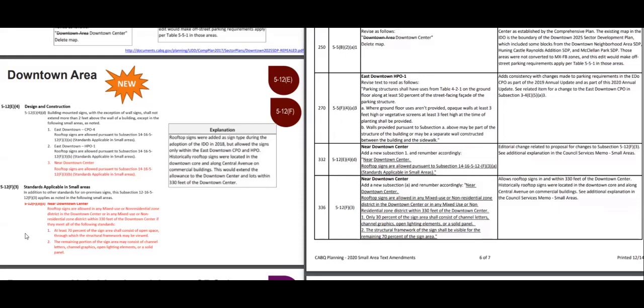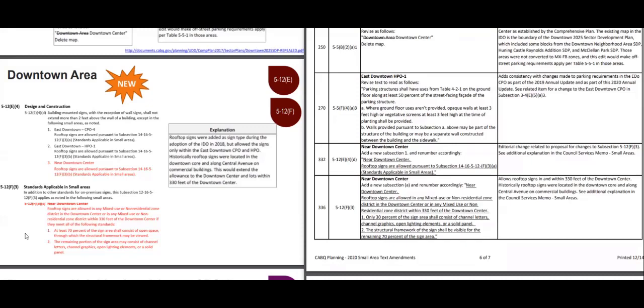This would read, rooftop signs are allowed in any mixed use or non-residential zone district in the downtown center or in any mixed use or non-residential zone district within 330 feet of the downtown center. Only 30% of the sign area shall consist of channel letters, channel graphics, open lighting sign elements, or a solid panel. The structural framework of the sign shall be visible for the remaining 70% of the sign area.